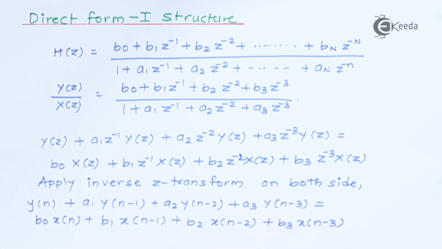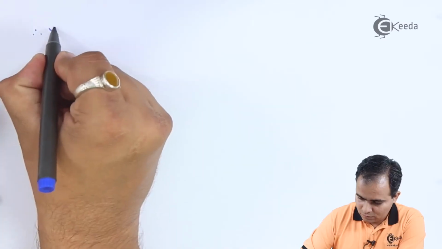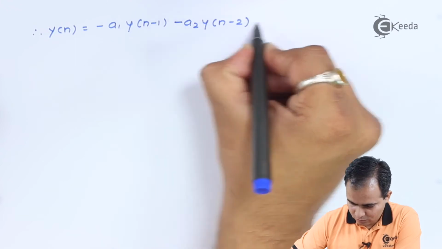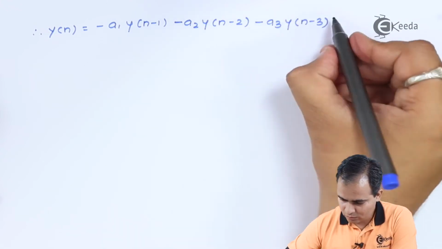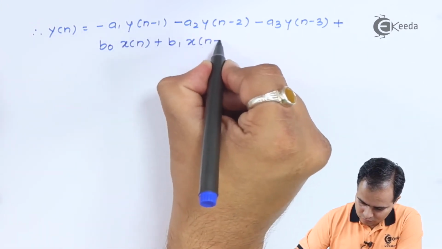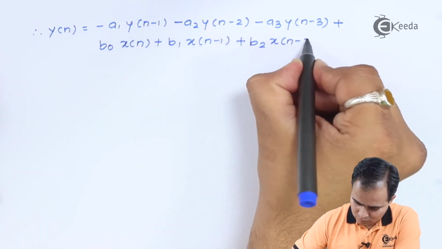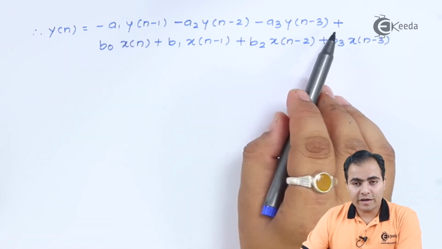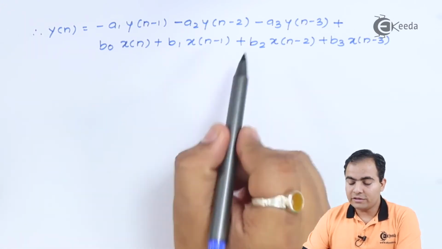Now what we want, basically I want the equation for output, that is we want the equation for only y of n. So what I'm going to do, I'll shift all these delayed values of y of n to the right hand side. Now I have shifted all the delayed values of y on the right hand side, and now I have got this equation.